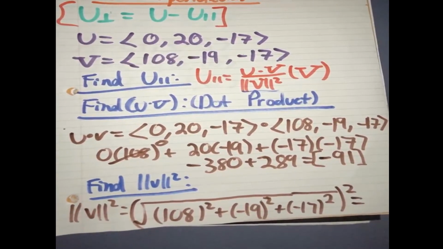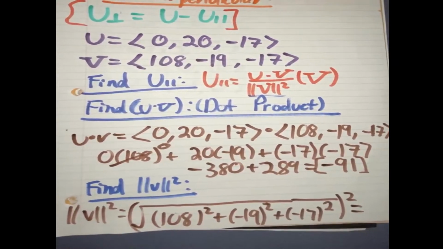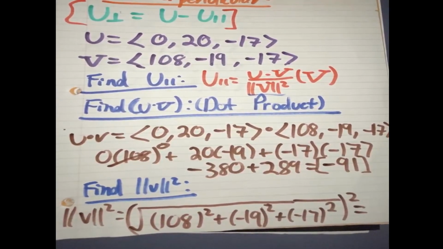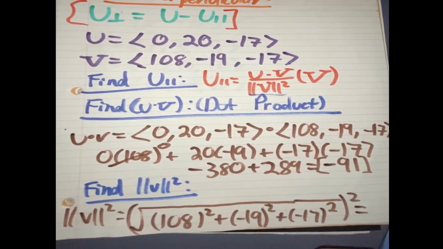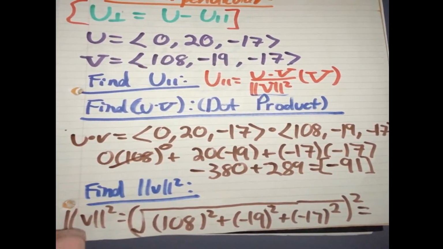So in doing so, for this one, I definitely need my calculator because I'm not squaring that 108 in my head. So let's see. 108 times 108, that number plus that number plus, so 12,314.